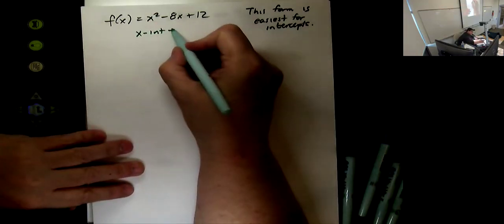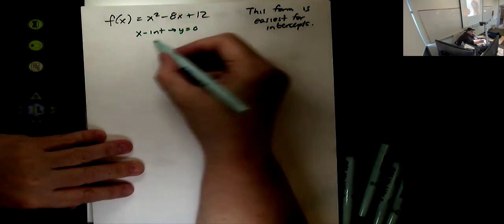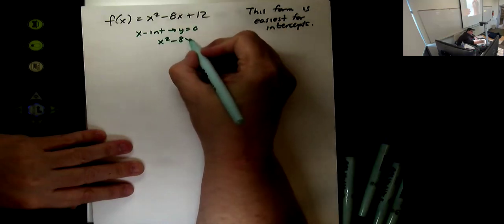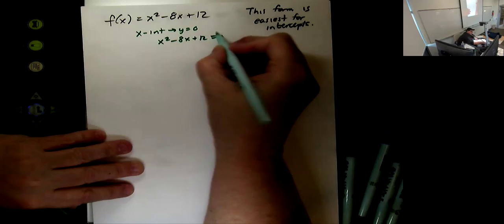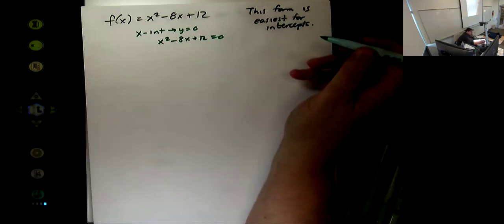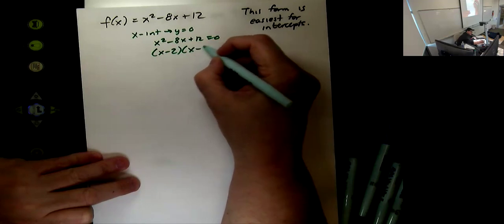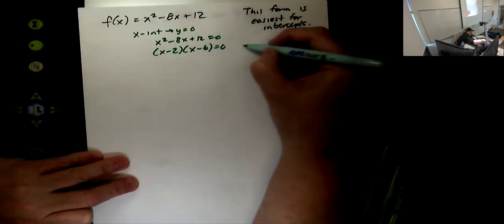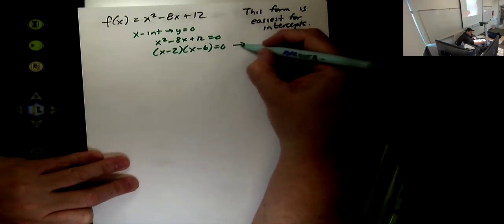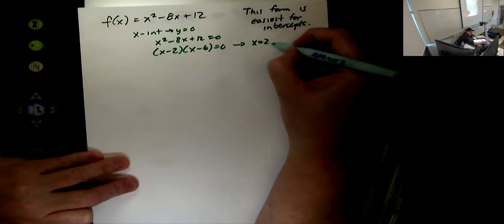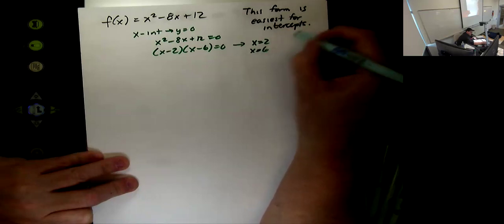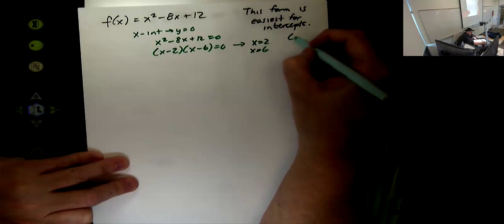X-intercept, y equals 0. X squared minus 8x plus 12 equals 0. This factors into x minus 2 and x minus 6. And when we solve, we get x equals 2 or x equals 6. So our x-intercepts are (2, 0) and (6, 0).